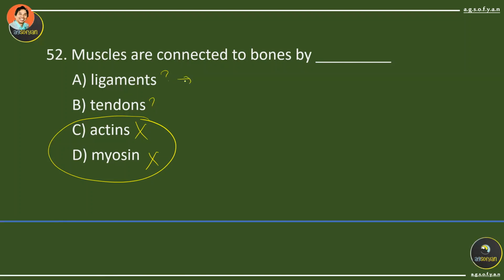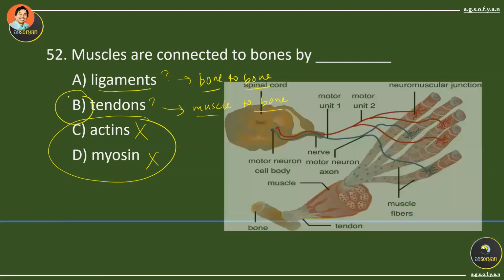Ligament is connective tissue that connects bone to bone. Okay, so bone to bone is called ligament. Tendon is the connective tissue that connects muscle to bone. Okay, that's the terminology, that's the name. So the correct answer will be tendon.